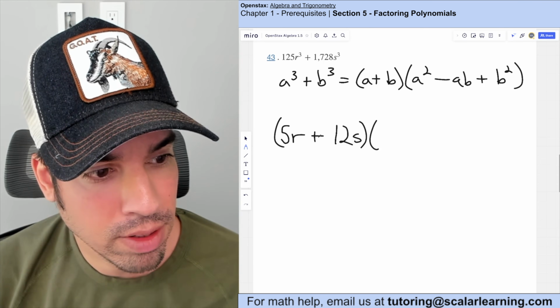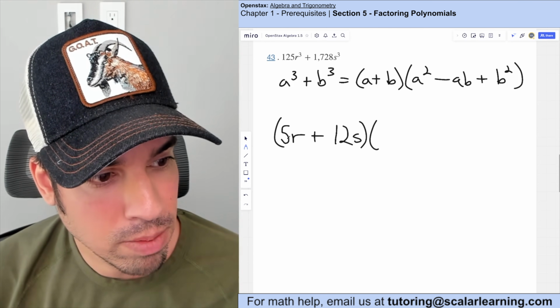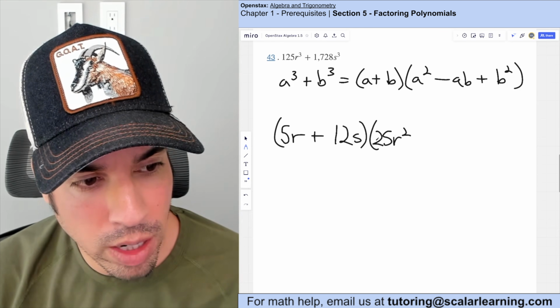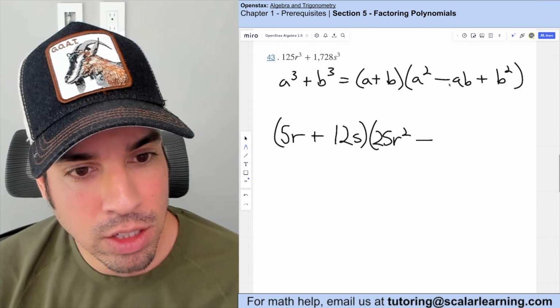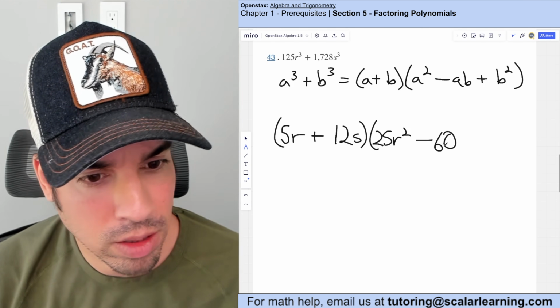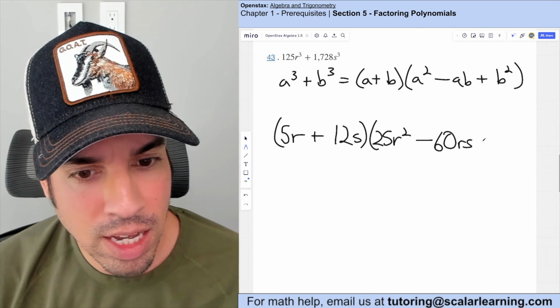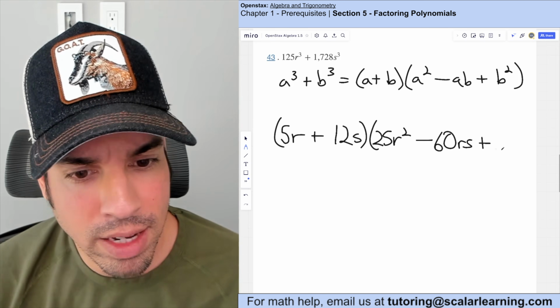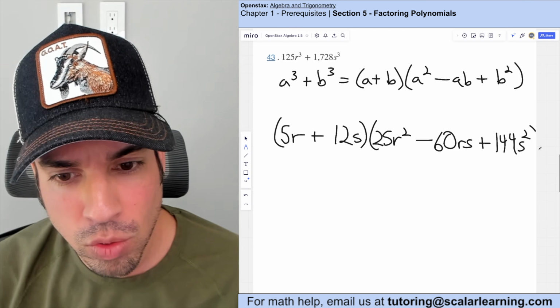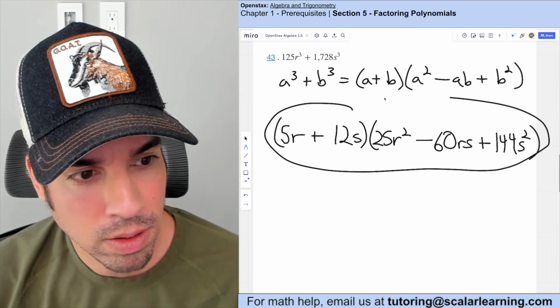And then we have same, the plus, times a squared, 5r is a, so that's 25r squared when you square it, minus, right, a times b, 5 times 12 is 60, and don't forget the r, s, and then last but not least, plus b squared, 12s squared, which is 144s squared, boom, done.